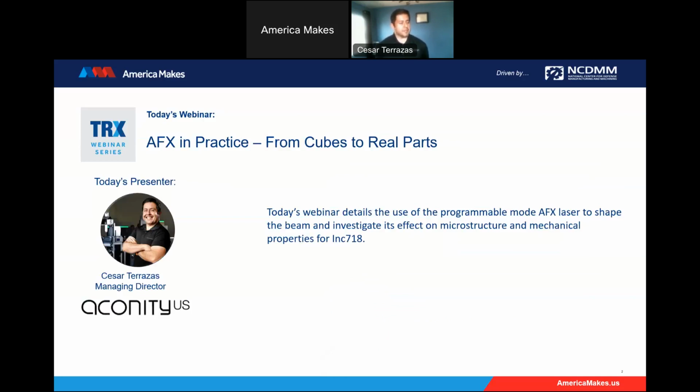And today we're going to be exploring the AFX laser, which is one of the offerings we have for one of our systems. It's one of the lasers that is employed, and one of the latest additions that we have to our systems, providing a lot of alternatives, not only for research, but also for production of components. This talk is going to be specifically related to the processing of Inconel 718, right? And we hope it's going to be of your interest.